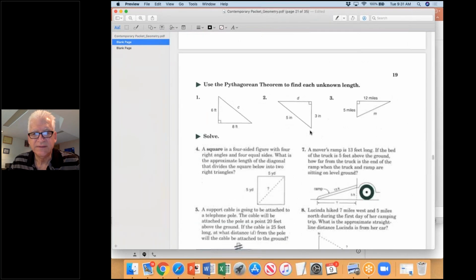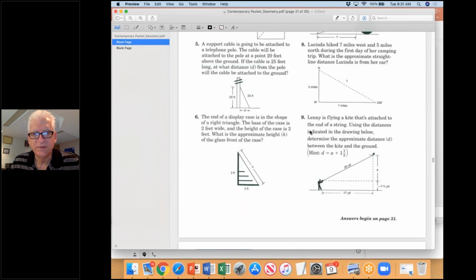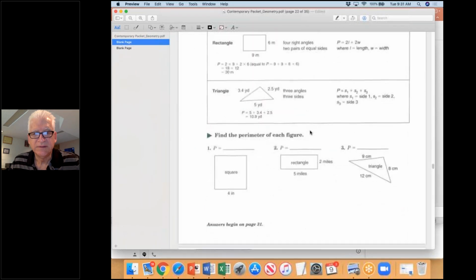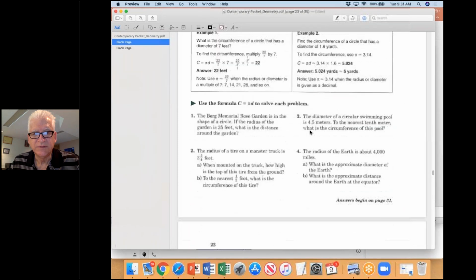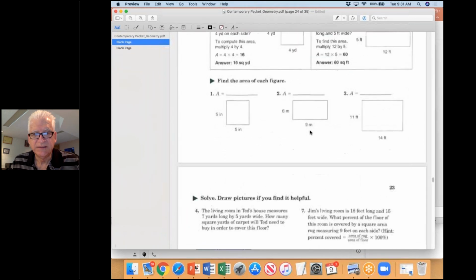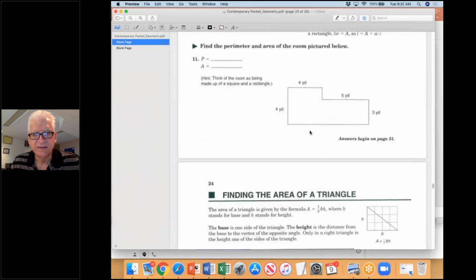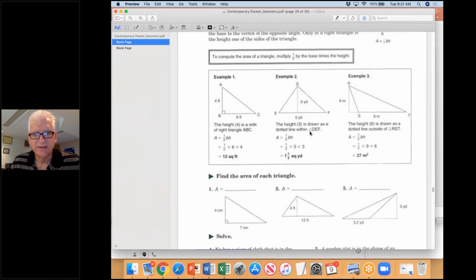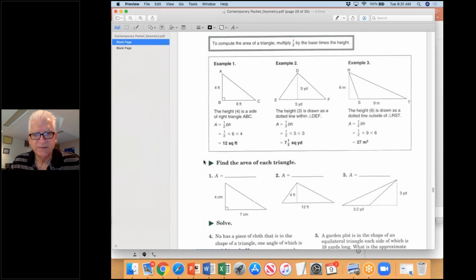And I want to see if we can do a problem or two in finding the area. There's the three we just did. So let's do these three. Very similar to the ones we did.